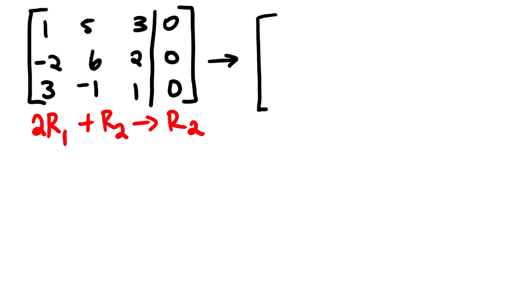So nothing will happen to the first row, 1, 5, 3, 0. And then we are going to change row number 2.